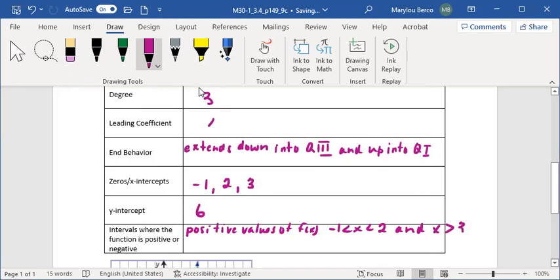And you could do test cases to test this out. The negative values of f of x are in the intervals when x is less than negative 1 and x is between 2 and 3.